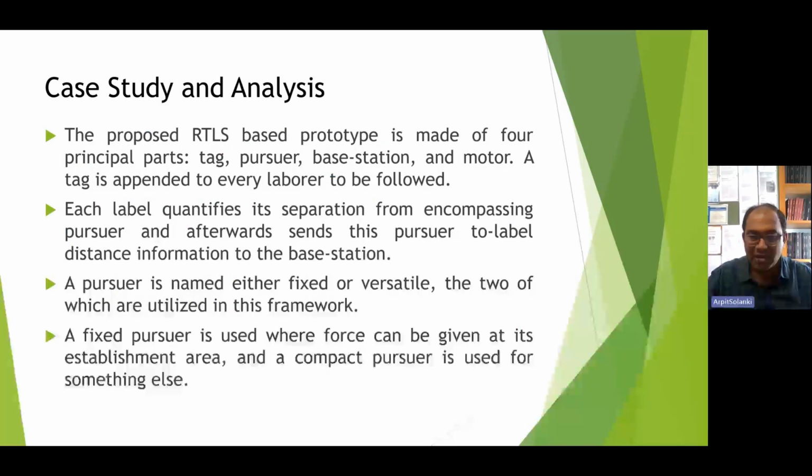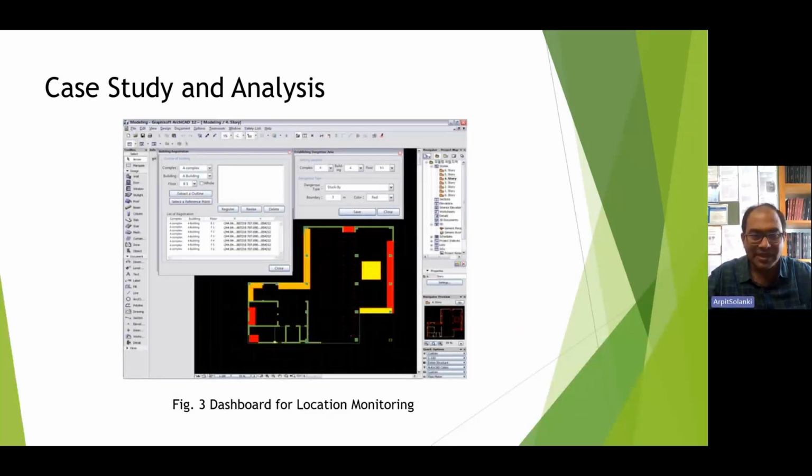Now, what we have suggested is that when we are formulating this case study, first we require to install an app called a BLE app. In that BLE app, there also has to be software called Navigin software.